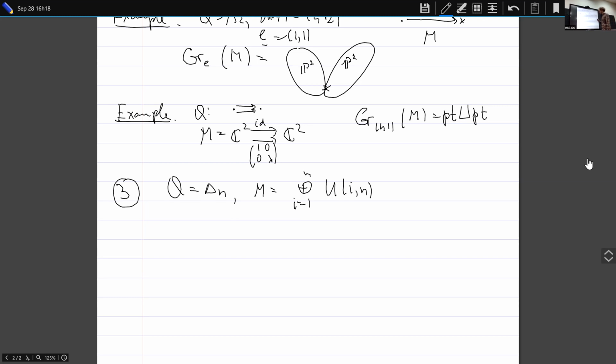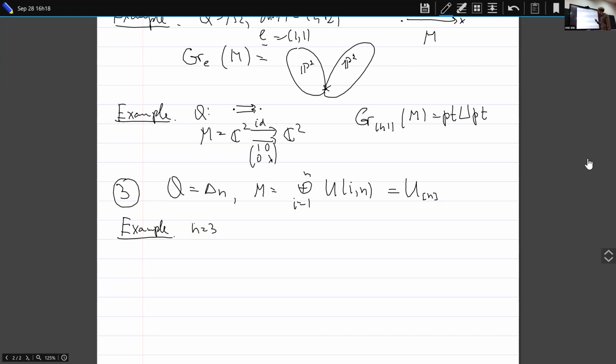So let me maybe give you an example. Also, we use the notation U_n for this representation. If n is 3, then I have, let me draw this representation.